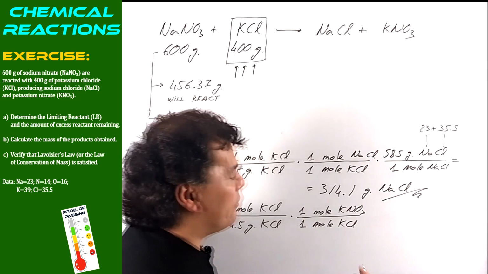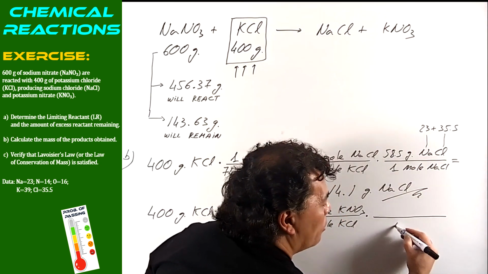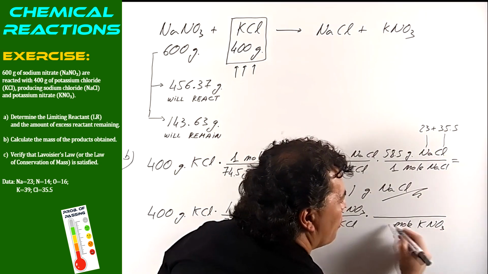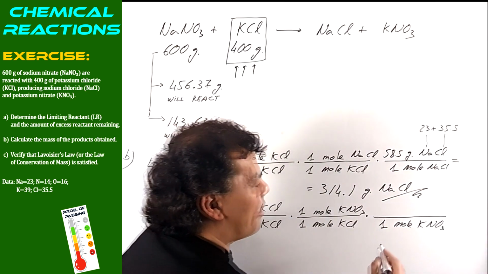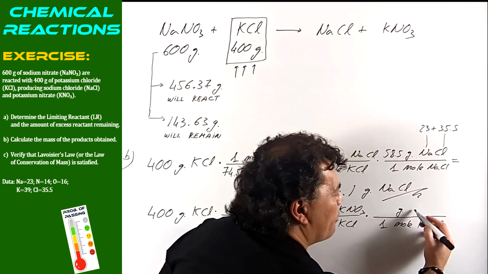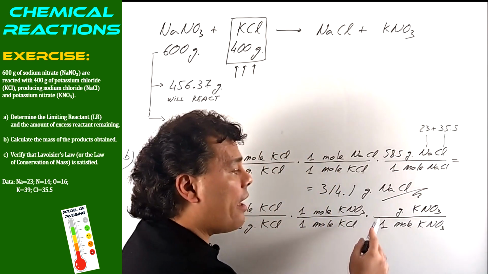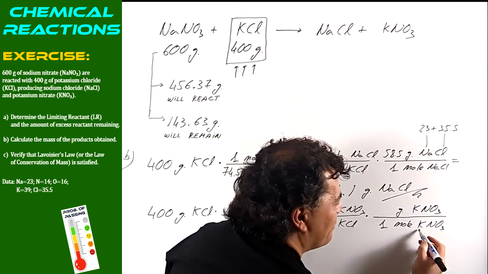And the last conversion factor will help us to move from moles of potassium nitrate, with 1 mole will be enough to do this calculation, and to express the solution in the form of grams of potassium nitrate. And now we have to add the atomic masses of these elements.